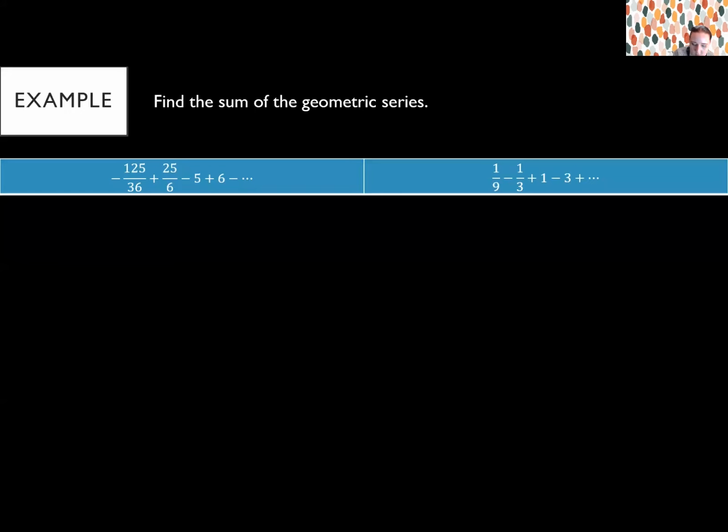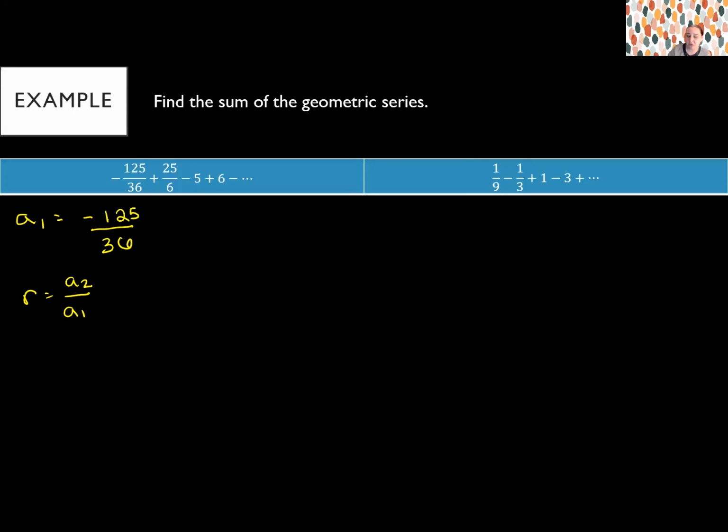A1 is the first term, so that's going to be negative 125/36. Then R is A2 divided by A1. And you know what? These are two fractions, 25/6 divided by 125/36.